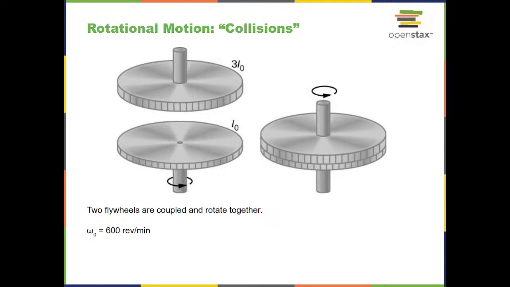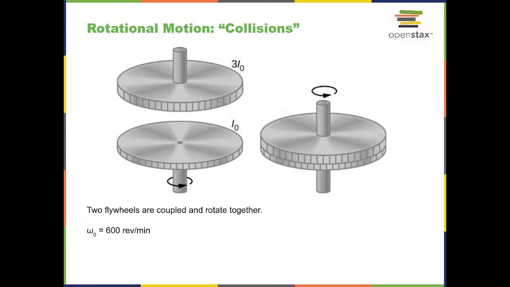So how will this change the angular velocity of these two flywheels? This is similar to having two balls collide, where one is at rest and one is moving with a certain velocity, and we're asking what is the final velocity as they move away stuck together. Let's see if we can solve this. What always has to be satisfied is that angular momentum before equals angular momentum after, since there's no net external torque.